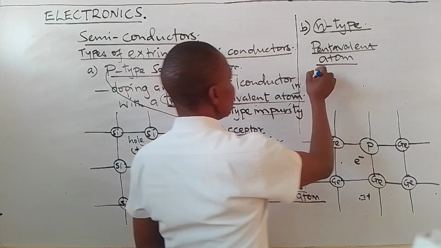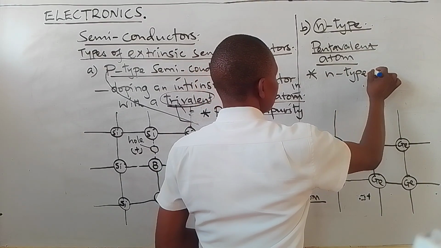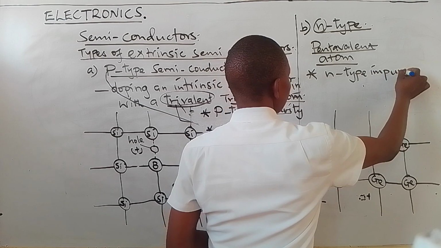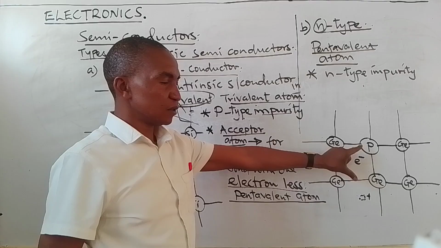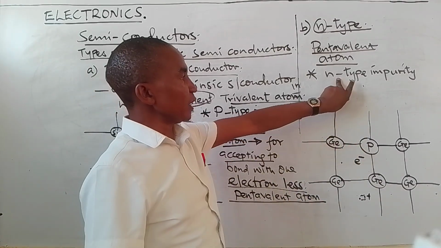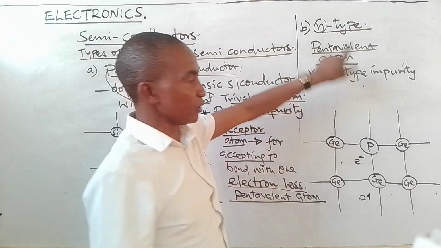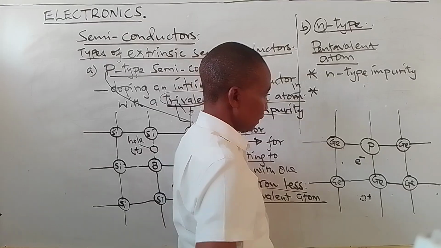So this can be called the N-type impurity. It is an impurity atom introduced to an intrinsic semiconductor in order to form an N-type semiconductor. So we call it an N-type impurity.